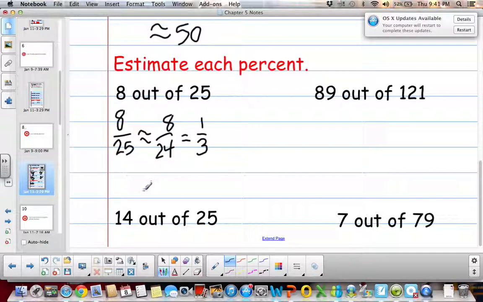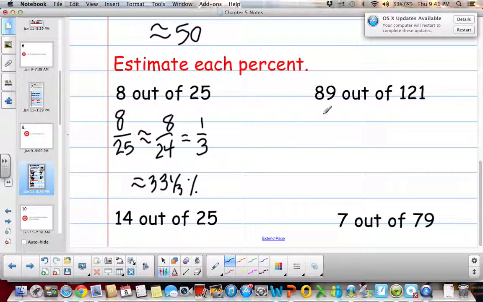Look on your table, and you can see that 1/3 equals 33 1/3%. So 8 out of 25 is approximately 33 1/3%.